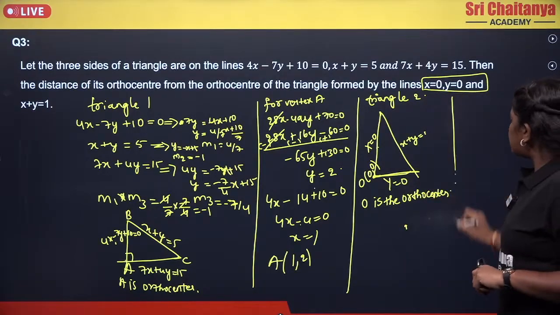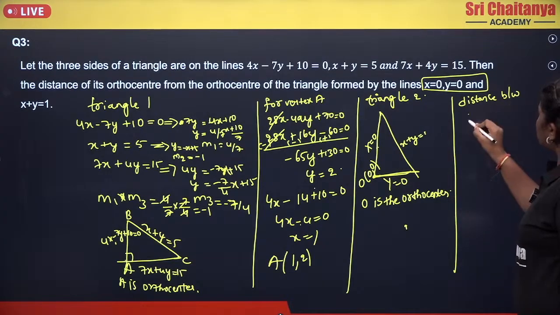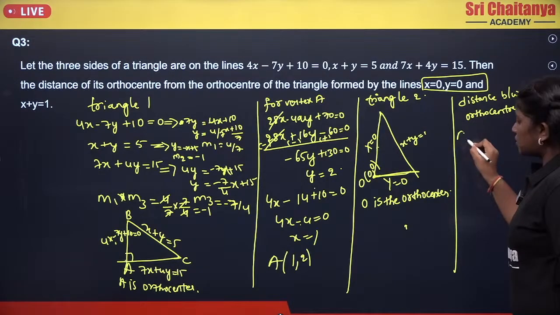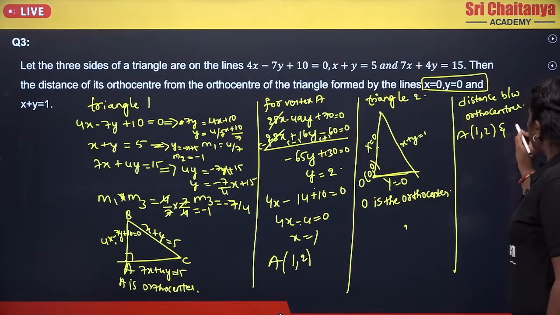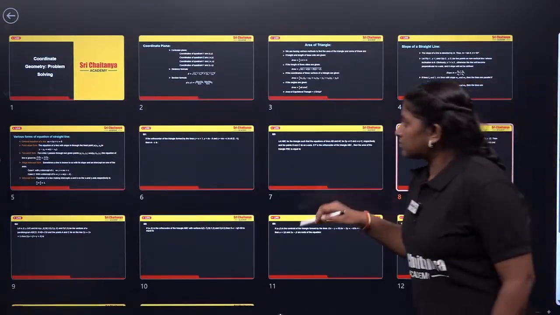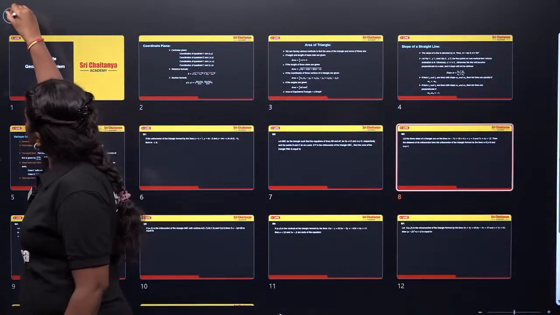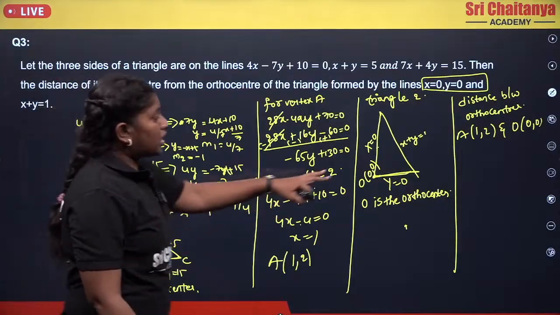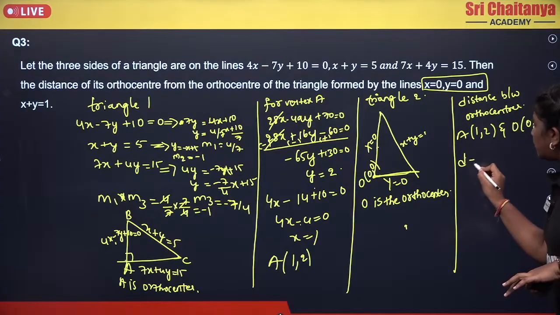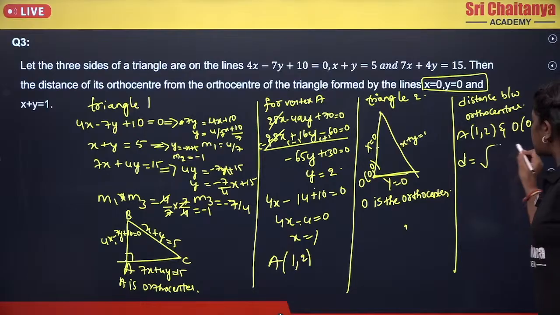Okay. Now, the distance between the orthocenters: A which is (1, 2) and O which is (0, 0). Since one of the vertices is the origin, we can take the distance as root of a square plus b square.